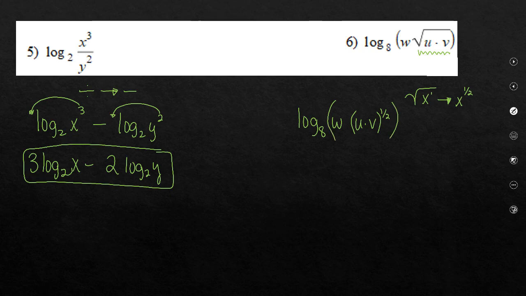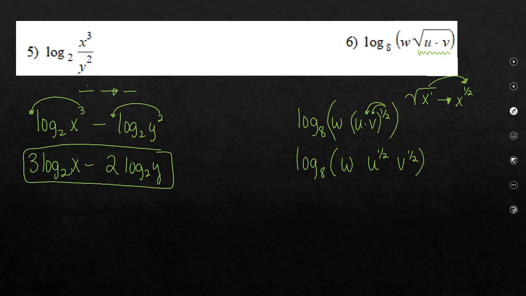Okay, now I'm going to distribute that 1/2 power to each of those terms, the u and the v. So this becomes log base 8 of w multiplied by u to the 1/2 multiplied by v to the 1/2. Again, the square root turned into the power of 1/2. I then had to distribute that 1/2 to each of the terms using just regular exponential properties.